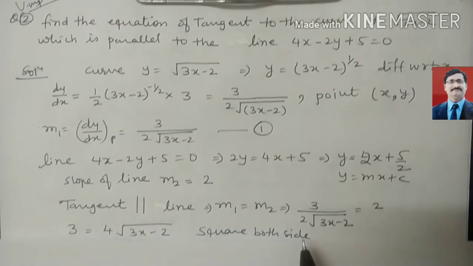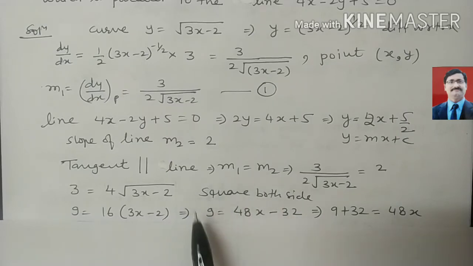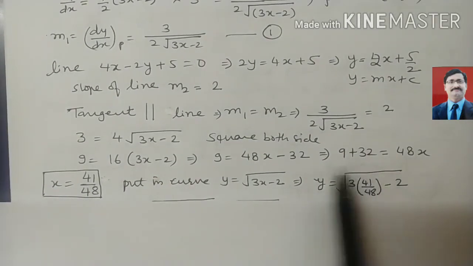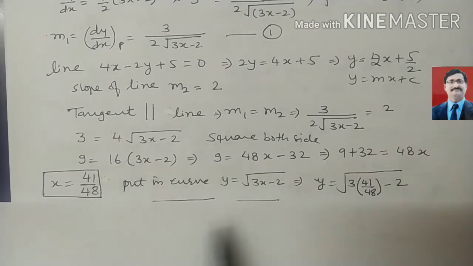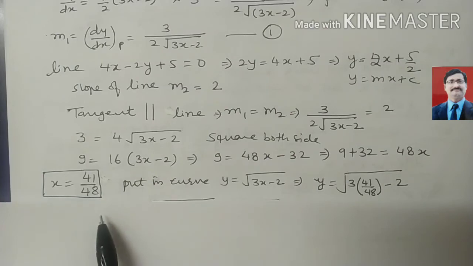Now square both sides, we get 9 equal to 16 (3x minus 2), and opening the bracket we get 48x minus 32. Now we transfer 32 to the left hand side, we get 9 plus 32 equal to 48x. From here we add 9 and 32, it will be 41, and we divide by 48, so we get the value of x. x is 41 by 48.